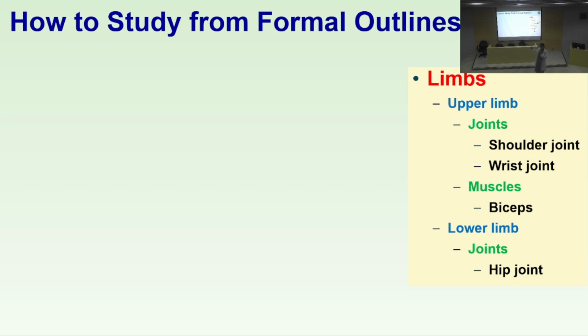How will you revise from the outline method? Is it right and left, or how do you revise an outline method? This is the content. Now I have an exam tomorrow or next week. How do I revise from this? How do I use this?